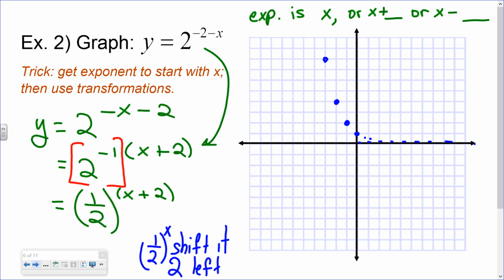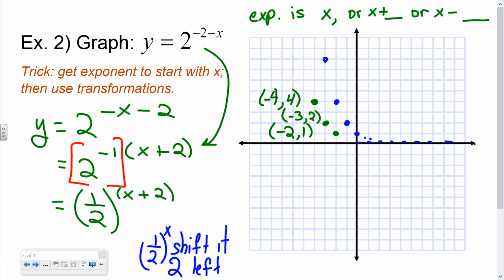So 0, 1 moves to the left and is now -2, 1. 1, 2 moves to the left, so it is now -3, 2. -2, 4 moves to the left, so it is now -4, 4.